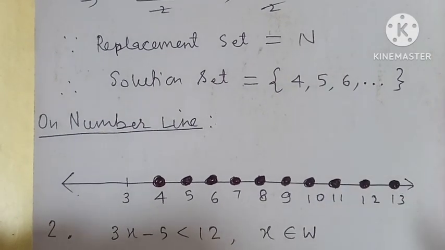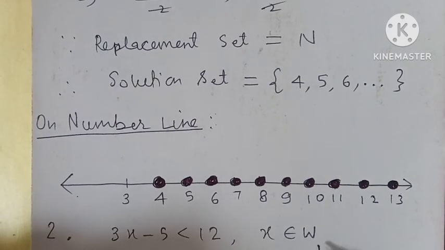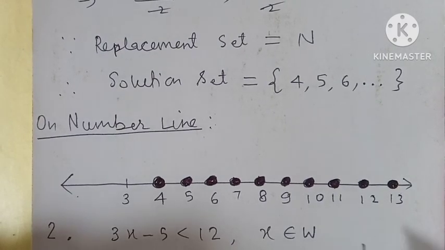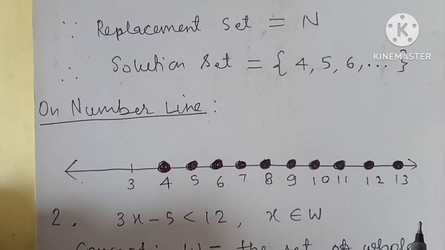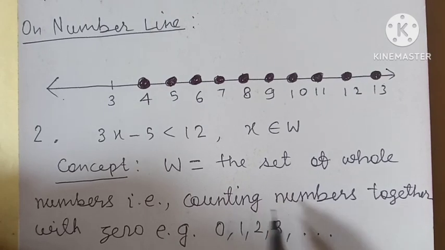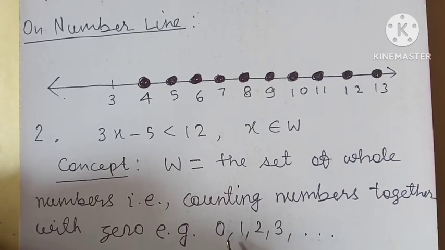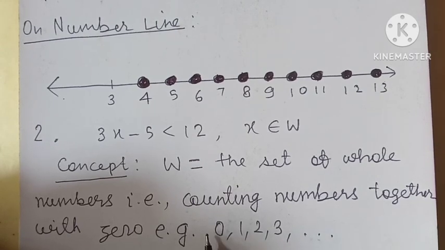The question is 3x minus 5 is less than 12, where x belongs to W. Here W is the set of whole numbers. That is, whole numbers are counting numbers together with 0. For example, 0, 1, 2, 3 and so on.